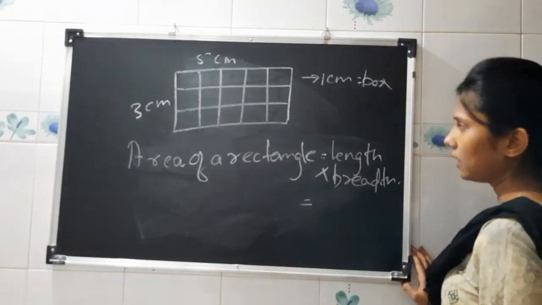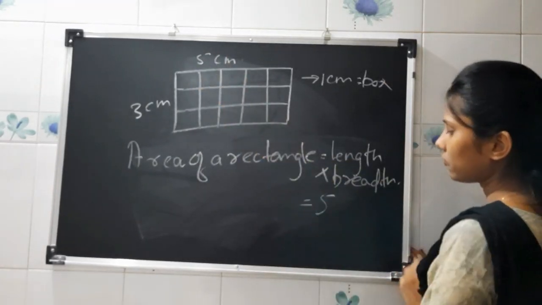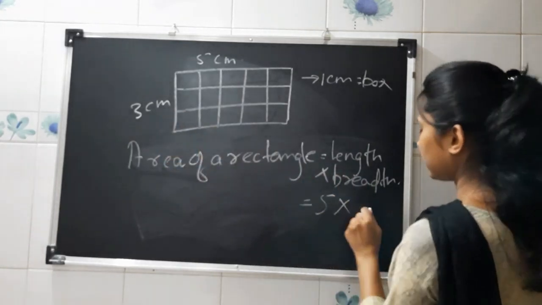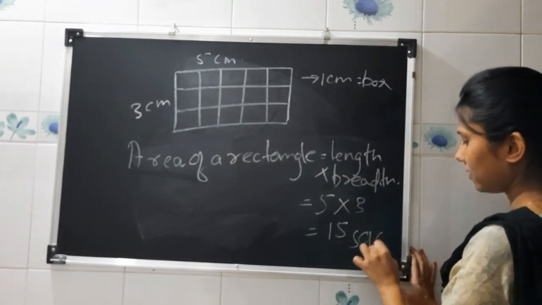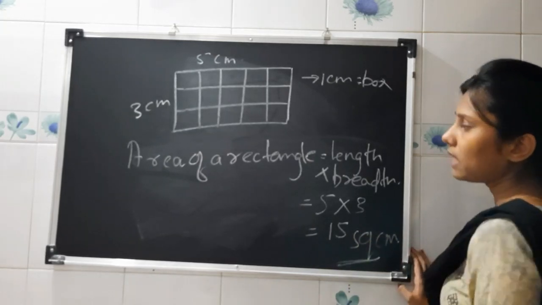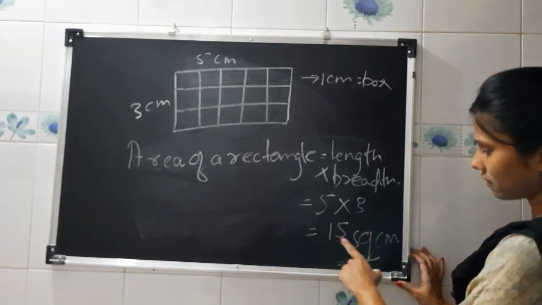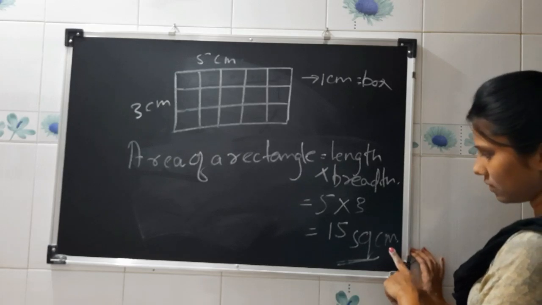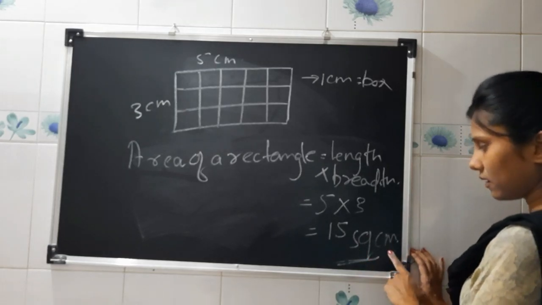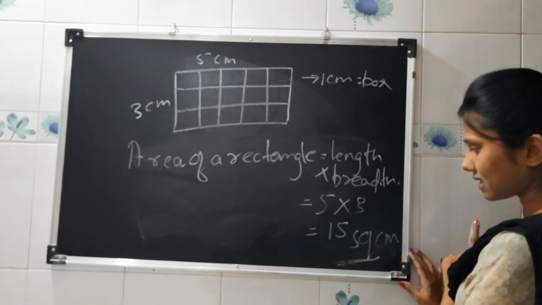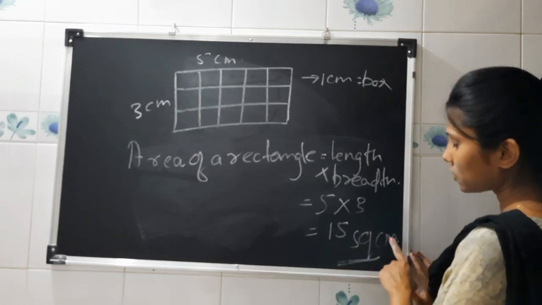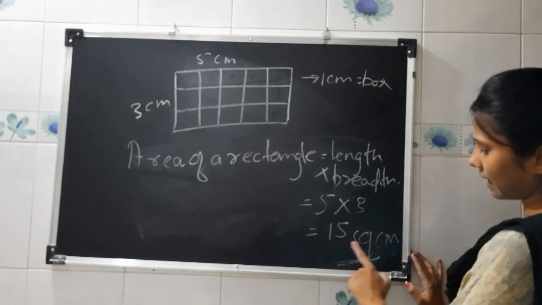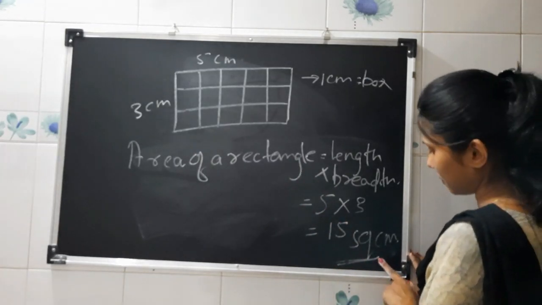The length 5 multiplied by breadth 3, 15 square centimeter. The area of a rectangle is written as square centimeter. So we got the answer 15 square centimeter. The area of this rectangle is 15 square centimeter.